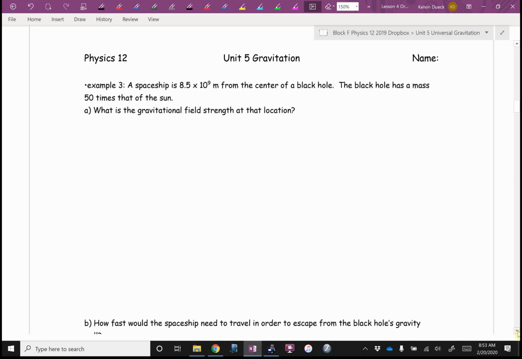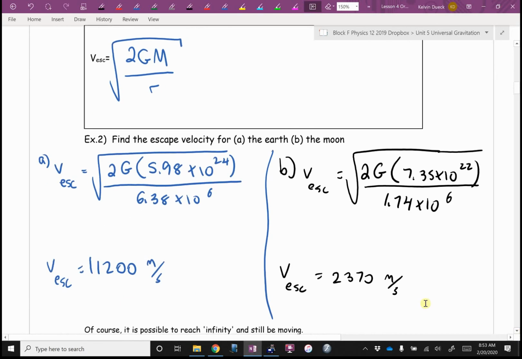So what a black hole is, remember at the beginning we calculated little g? It's a stellar object that has a gravitational field so big that the escape velocity is bigger than light. So if you calculate the escape velocity, you get an answer bigger than light.